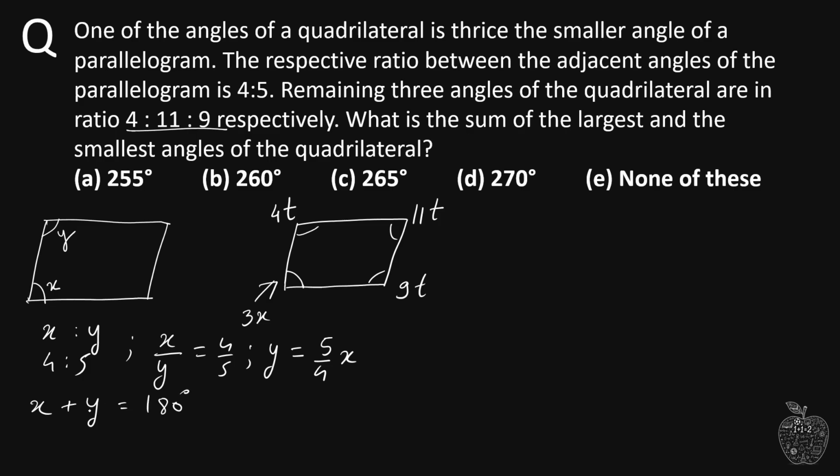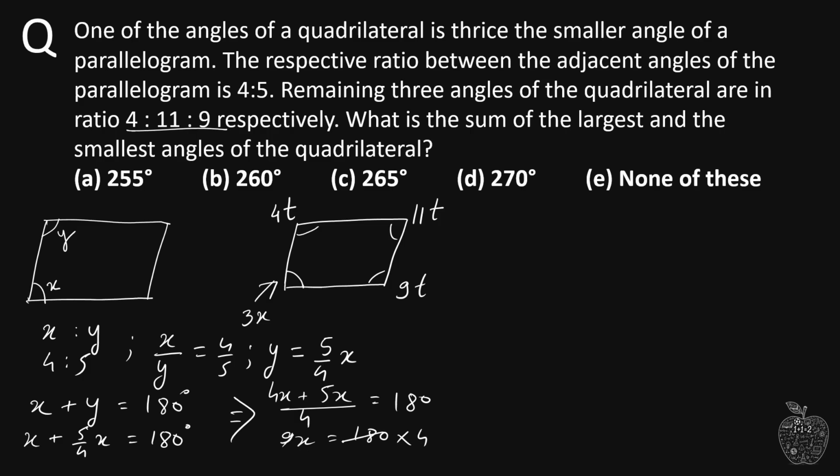Now let's substitute for y here. Instead of y, we'll write 5/4 x. So we get x plus 5/4 x is equal to 180 degrees. Taking LCM, we get 4x plus 5x is equal to 180 times 4, and here we have 9x is equal to 180 into 4.